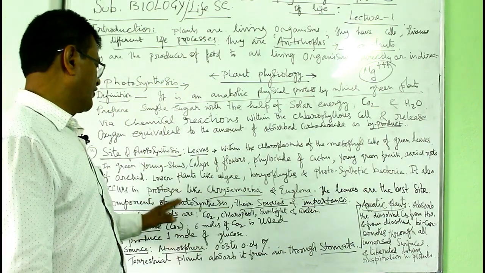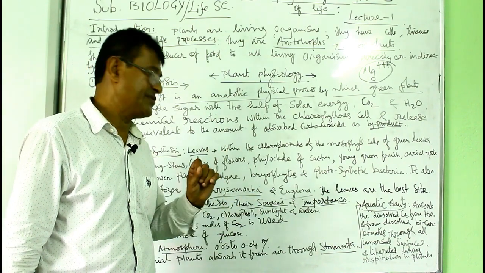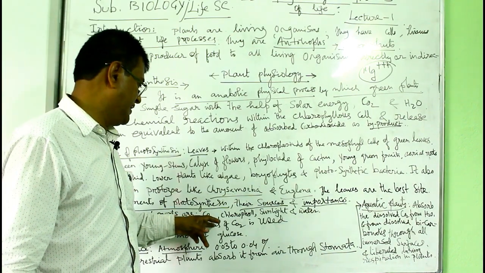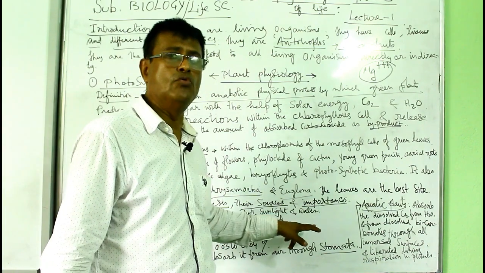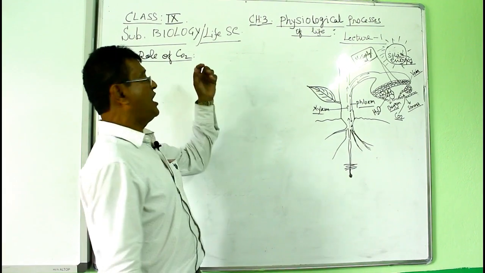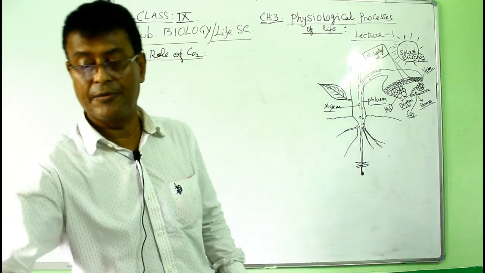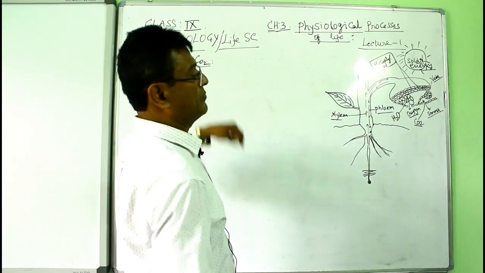Now, components of photosynthesis, their sources and importance. Major components are carbon dioxide, chlorophyll, sunlight, and water. Well, children, after the source of carbon dioxide, we come to know about the role of carbon dioxide.